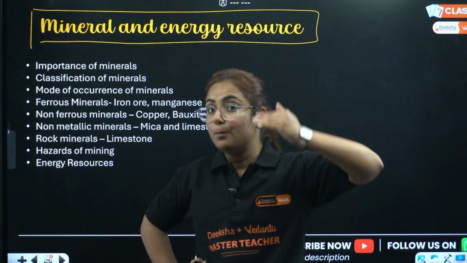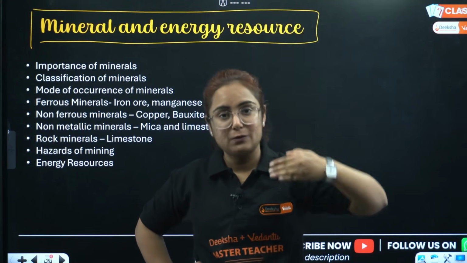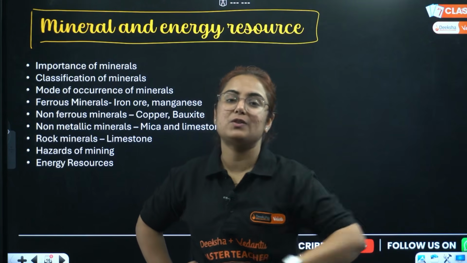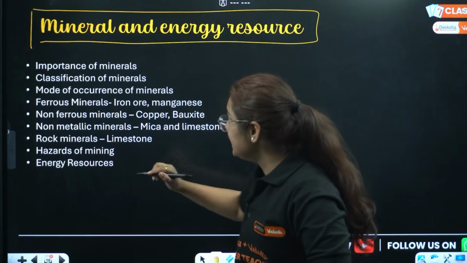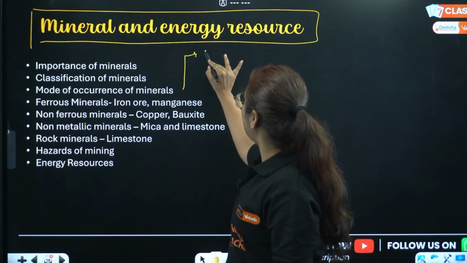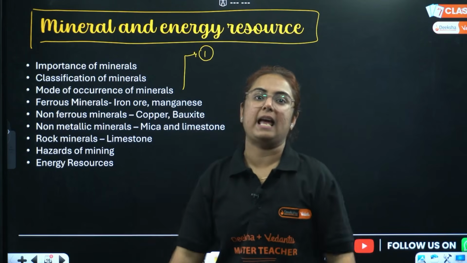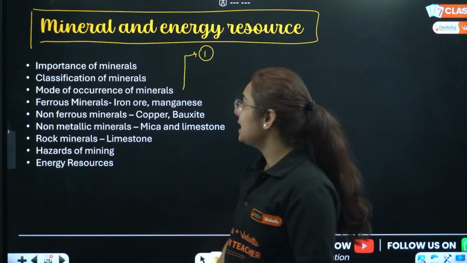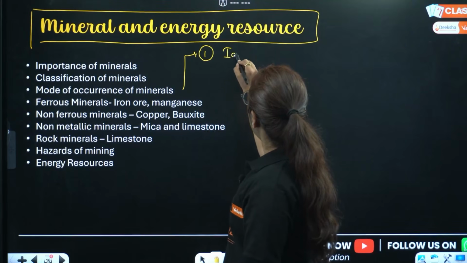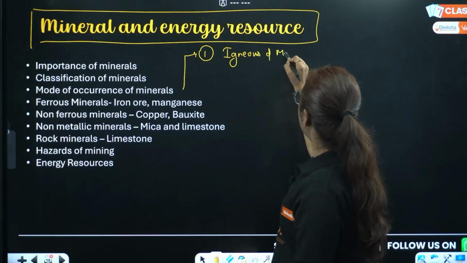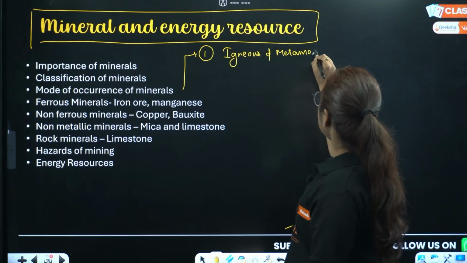So there are certain modes of occurrence, how it is formed. Modes of occurrence of minerals. In this, the first mode of occurrence is, pay attention, 5-mark question hai. The first mode of occurrence will be igneous and metamorphic rocks.